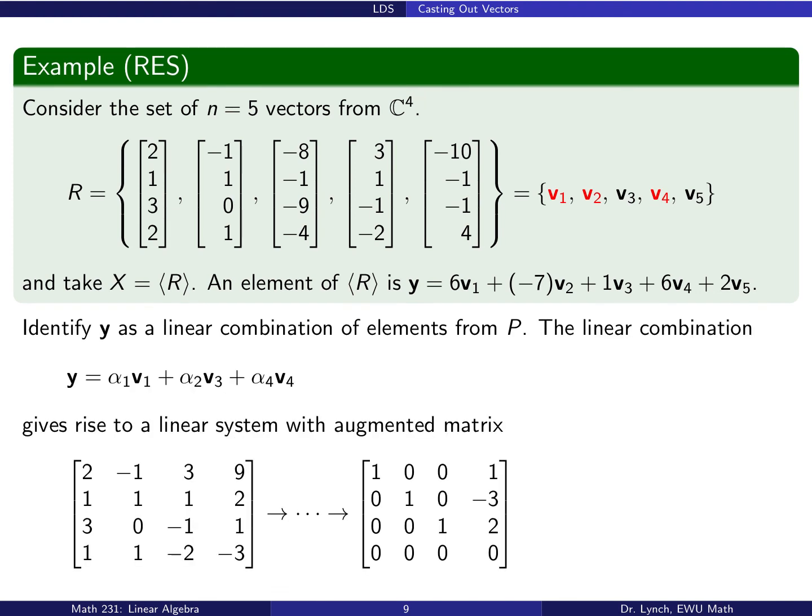Here's the linear system where we've taken V1, V2, and V4 as the first 3 columns of the matrix, and then we've augmented by the vector Y. So reducing to row echelon form, we see that this system, alpha 1 V1 plus alpha 2 V2 plus alpha 4 V4, has a unique solution, and that solution is alpha 1 equals 1, alpha 2 equals -3, and alpha 4 equals 2.